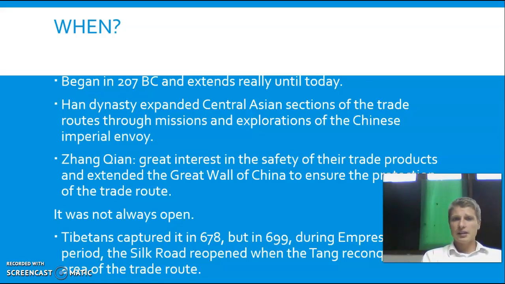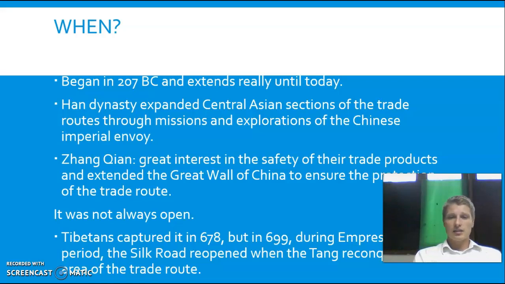And so the Han Dynasty expanded throughout Central Asia. They were a dynasty of expansion, and one of the benefits of that was the farther their impact reached, the farther they could protect goods as they went along the roads and routes from China to the rest of the world.